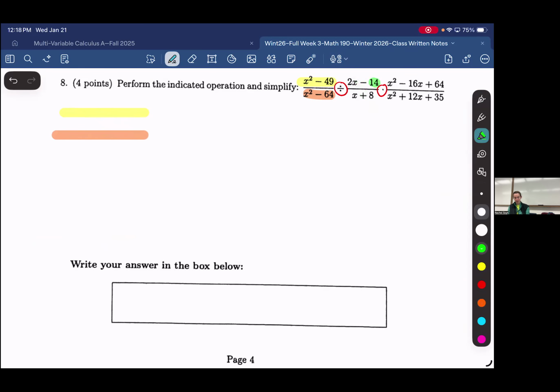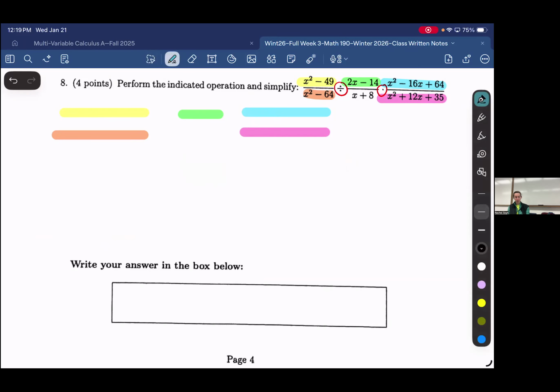I see a GCF I could pull out over here. And then we can find factor pairs of 64 that add to negative 16. We can find factor pairs of 35 that add to 12.